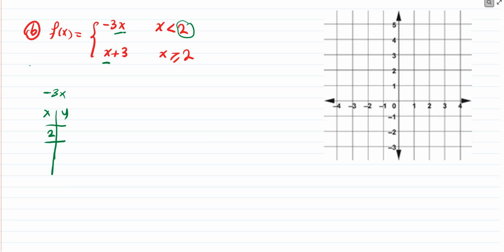You can pick more numbers, but one more number is enough, a number that satisfies this condition. We can say 0. 0 is less than 2, yes. Or you can pick negative numbers as you like. Substitute 2 here: -3 times 2 equals -6. And if you substitute 0 here, it equals 0, right?